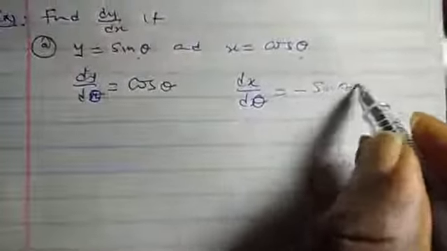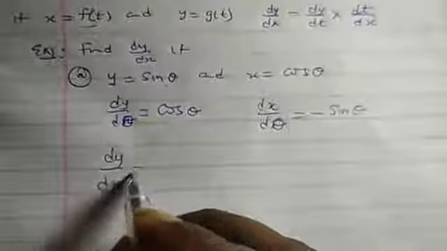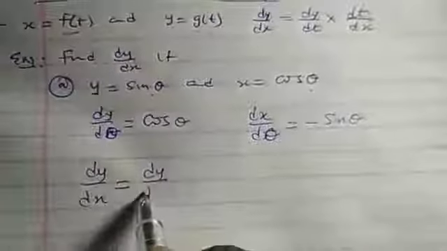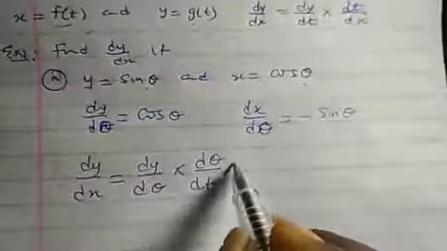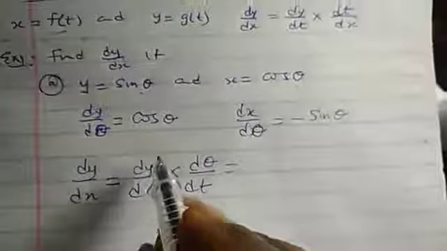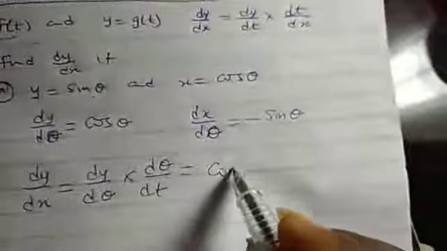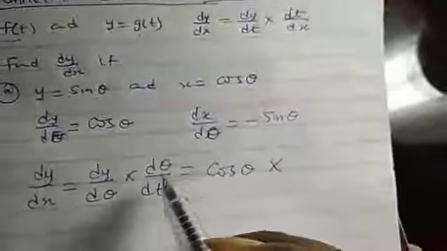If I differentiate this, I'm going to have minus sine theta. So our dy/dx will now be equal to the formula: dy/d theta times d theta/dx. Although there's t in the formula, we are dealing with theta here. Dy/d theta, that is cos theta, times d theta/dx.